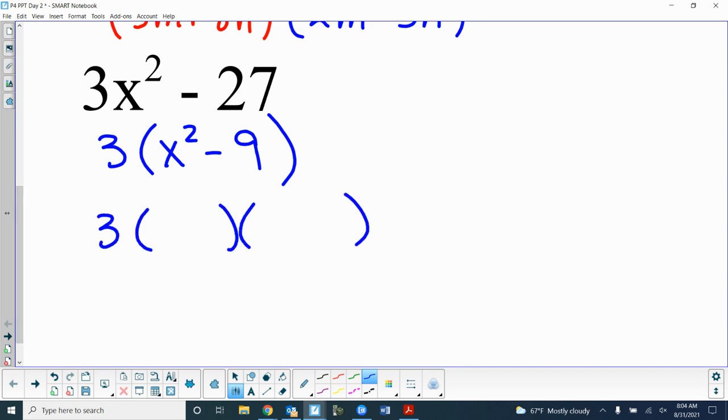And all we do now is take square roots. The square root of x squared is x. The square root of 9 is 3, plus and a minus. It doesn't matter if you put the minus first and then the plus, just one of each. Okay? That's the difference of squares after we took out a GCF. Questions?